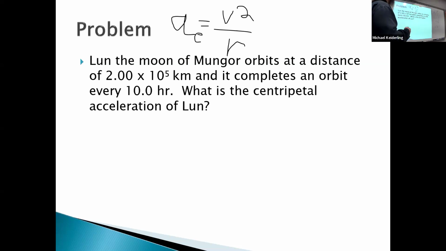So we need to figure out what speed is to plug into our formula for centripetal acceleration. So here we need to think about the fact that we're dealing with a circle of radius 2 times 10 to the 5th kilometers. That takes 10 hours to complete. So we can use that to find our speed, because we have a distance and a time.